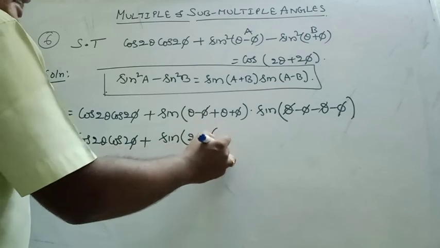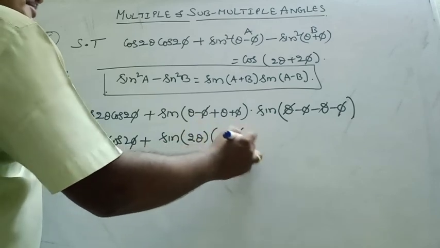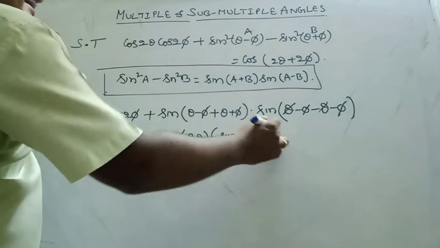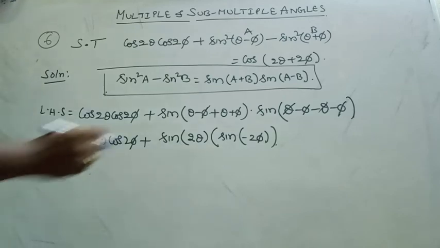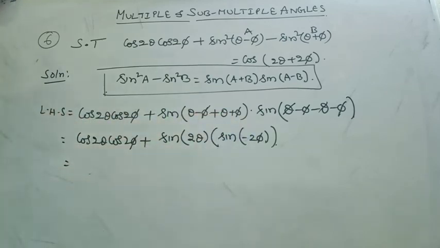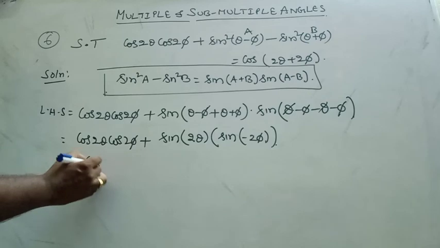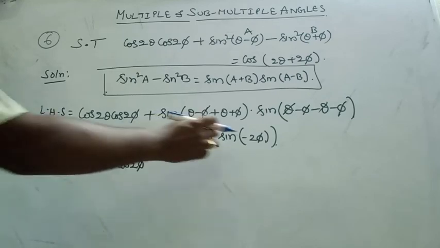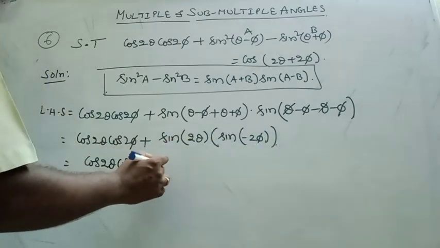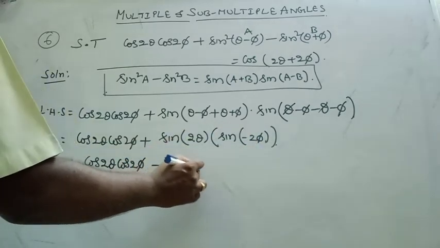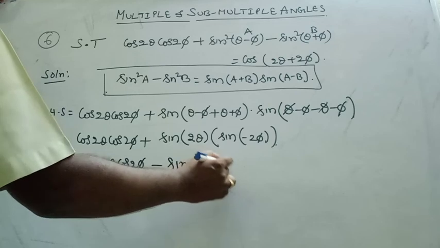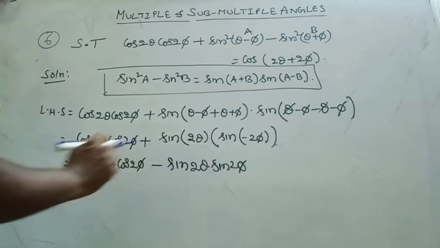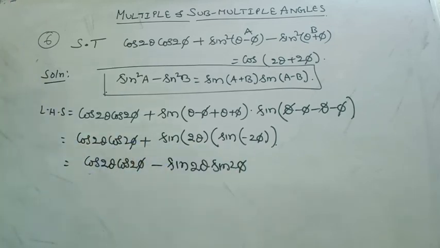You know, my dear students, sine of minus theta becomes minus sine theta. Therefore, we have here cos 2 theta into cos 2 pi minus sine 2 theta into sine 2 pi. That minus sign we got here like this, my dear students.